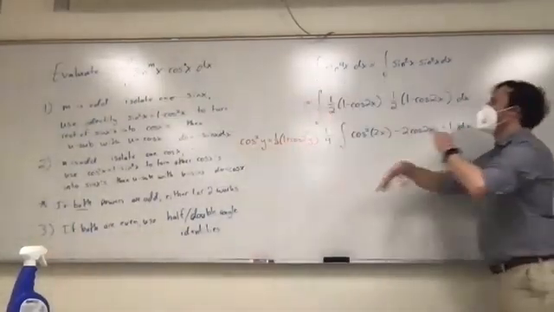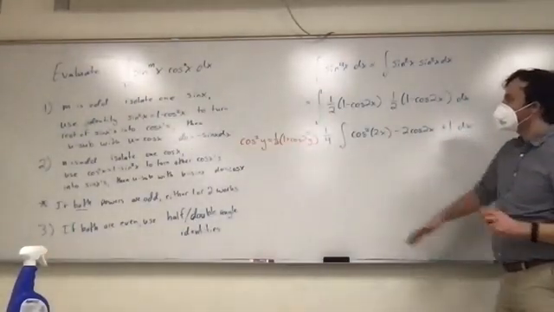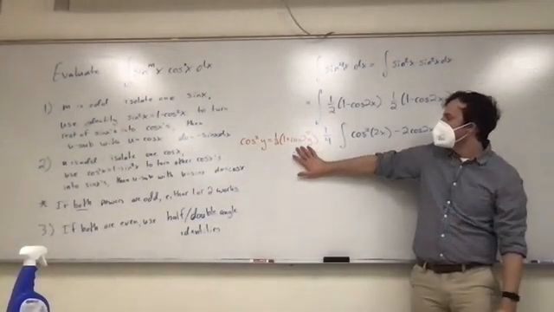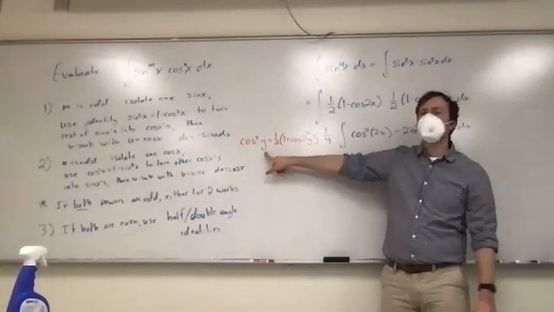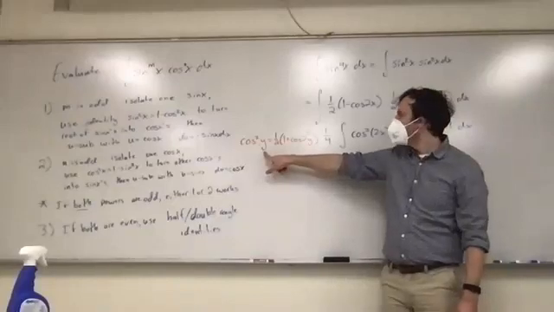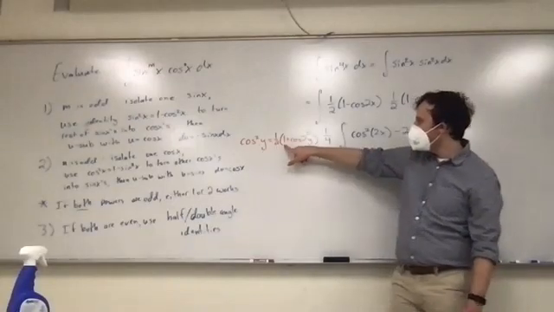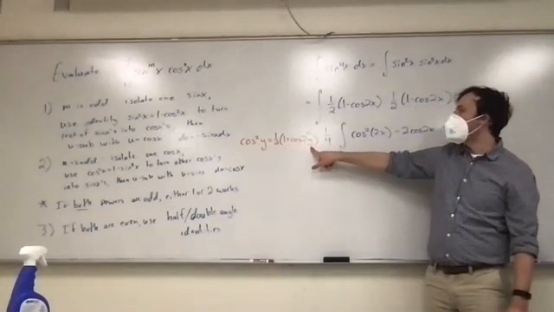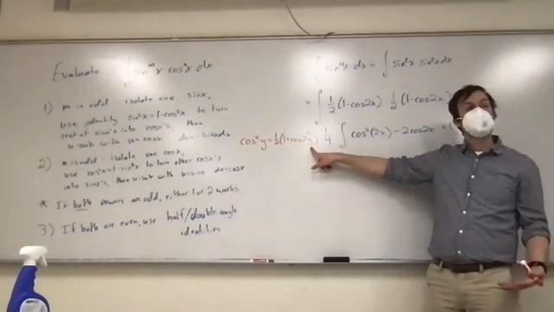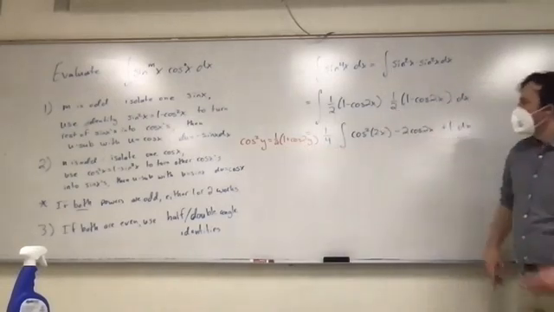In this case, the way we need to think of this is this identity applies no matter what y is. Whatever it is, you're going to have 2 times whatever was initially inside your trig function.